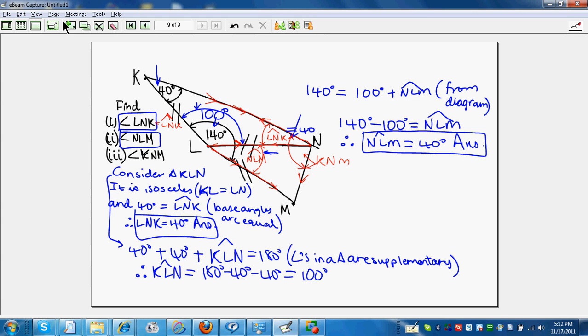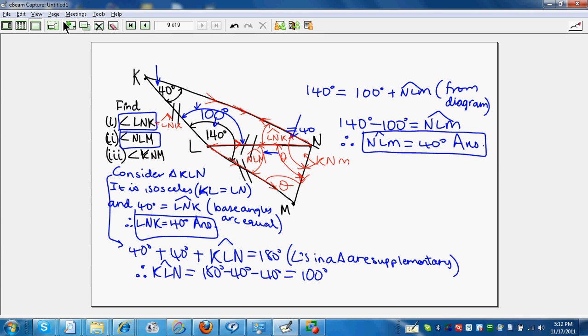Okay? So how would we find that? Well, what I'm saying is we already know angle LNK, and if we were able to find the angle at the base of the triangle LKM, we'll be able to find the angle KNM. So let me identify this angle here as angle theta to make it easy to work with, and similarly this one as angle theta.